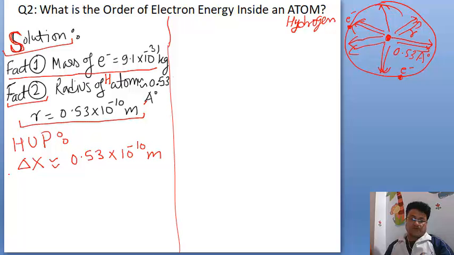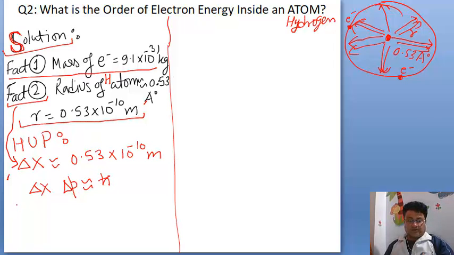For applying the Heisenberg uncertainty principle, I know this from fact number 2. Delta x delta p should be of the order of h cross.